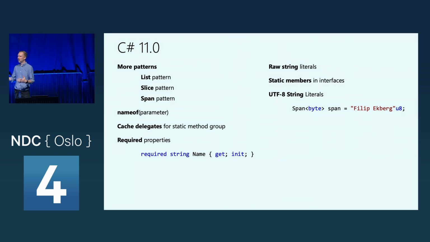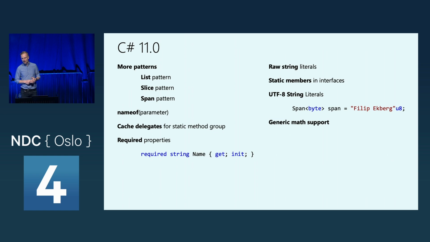And then if you want to do processing with UTF-8, there's a lot of memory that you have to shuffle around, and it's just not very performant. So instead, they allow you to add the u8 at the end of a string, and this will give you a span of a byte array, or a read-only span of a byte array, actually. And this will let you do processing on this string, or this byte array.